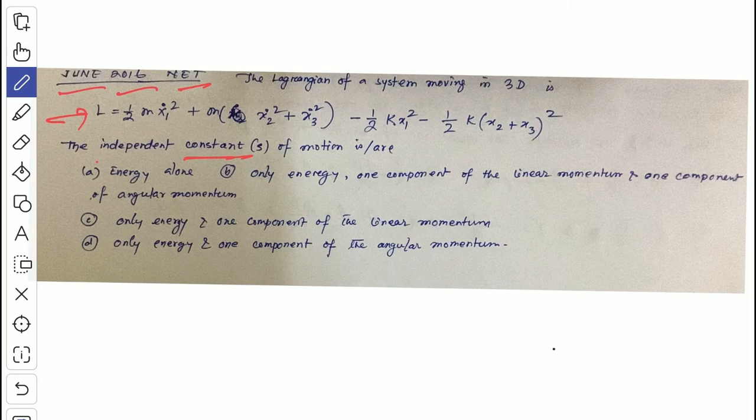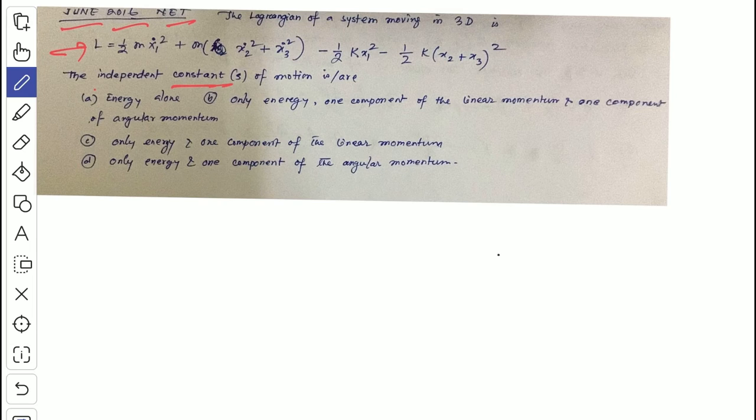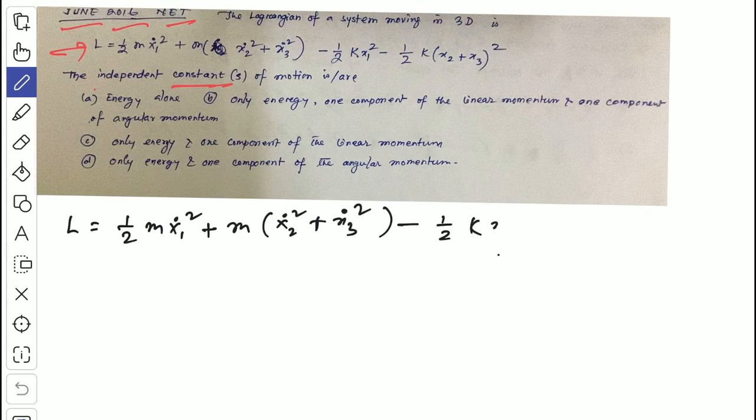So here the Lagrangian, let me make it smaller. Lagrangian L is equal to half m x1 dot square plus m x2 dot square plus x3 dot square minus half k x1 square minus half k x2 plus x3 whole square.